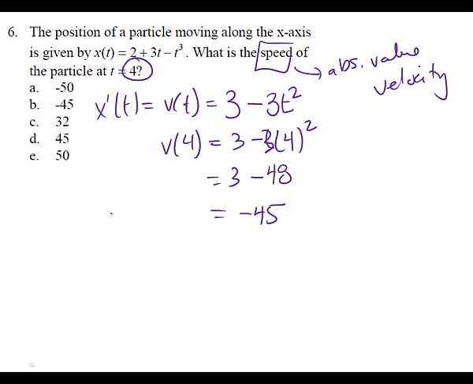If you stopped there, would you get it right? No, it's supposed to be the what? But they gave you that as a choice, right? So I need to take the absolute value of that. What's the actual speed? 45. Because remember, velocity takes direction into account, whereas speed is just how fast are you going in that direction. Okay? All right, what else?